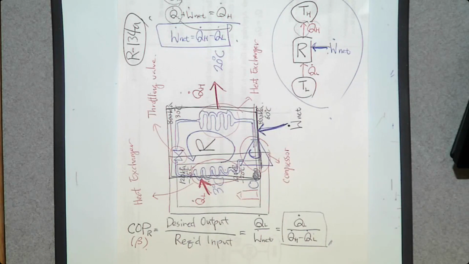Then what you need to do to prepare for the exam is simple. Whenever you have a cycle, you should be able to determine whether it is a heat engine, refrigeration, or heat pump, which is pretty simple, right?